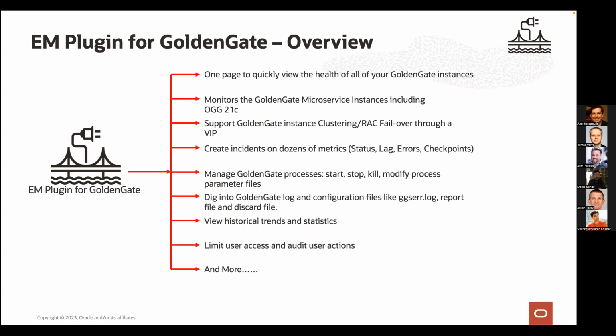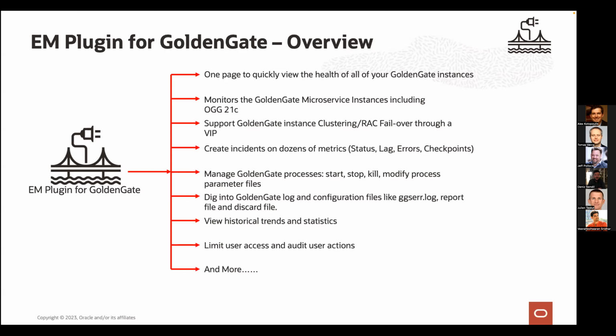From the EM console itself, you can modify the process parameter files and dig into GoldenGate log files and configuration files like the GGS error log, report file, and discard file. It's not only the current file that can be viewed. You can view the history of files from the Enterprise Manager console, and also view the historical trends and statistics of all the GoldenGate processes.